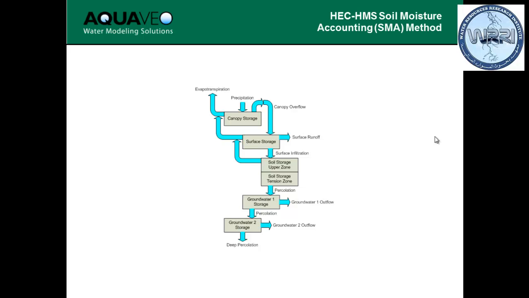Below the ground, you have an upper soil zone and a lower soil zone, and then beneath that you have groundwater 1 and 2 storage. So there are 5 different layers used in the SMA method in HMS.